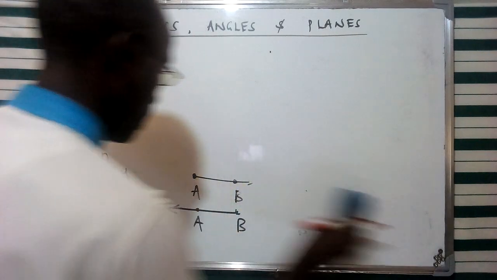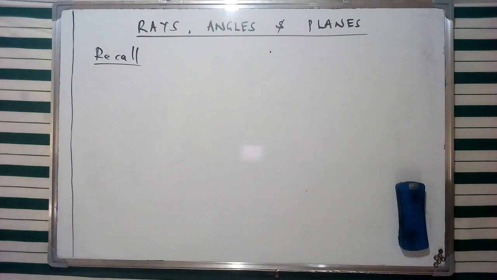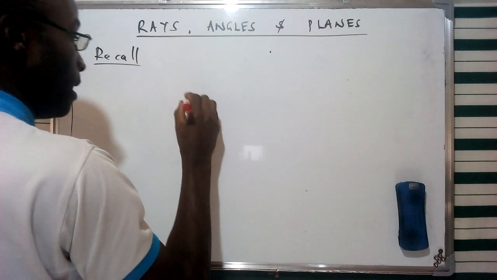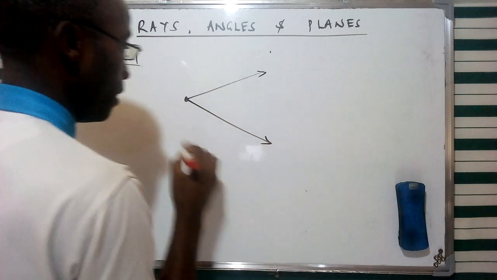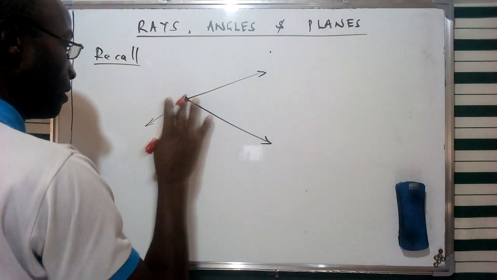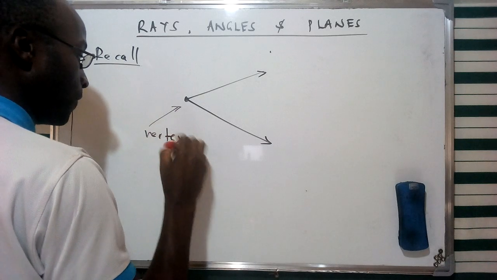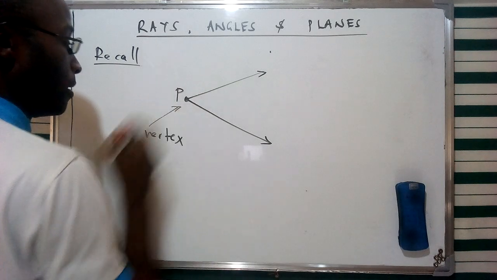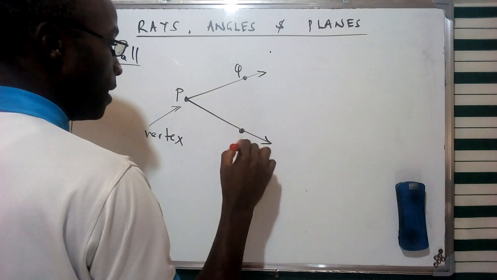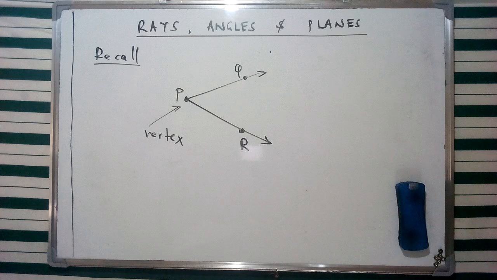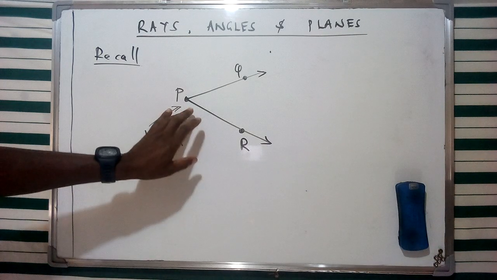An angle is an illustration that consists of two rays which have a point that we're going to refer to as a vertex. If this vertex is point P, then we're going to have Q and R.